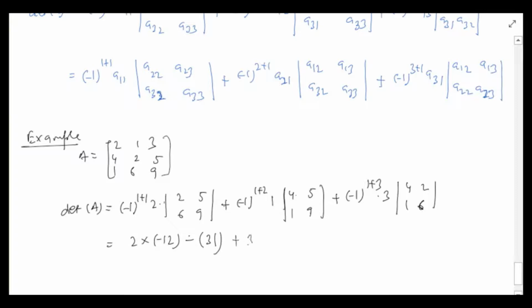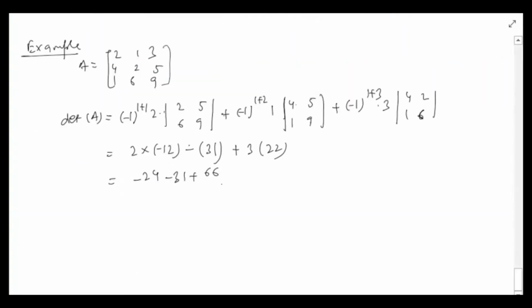Then finally I have 3 times 6 into 4 minus 2, that is 22. So I have minus 24 minus 31 plus 66. On doing the arithmetic, I will get final result 11.